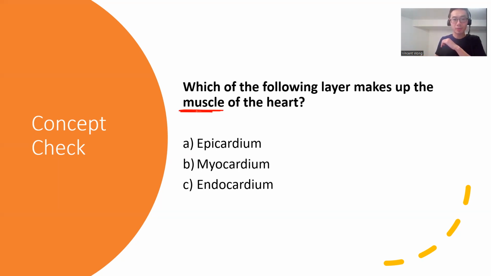Keyword here is muscle, okay? Muscle. Okay.